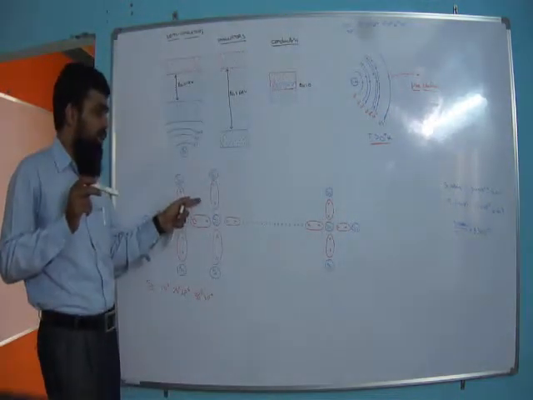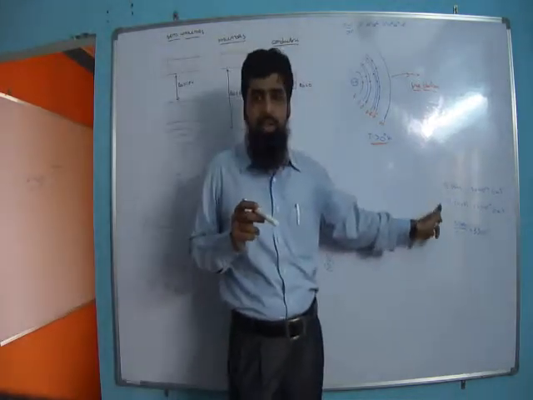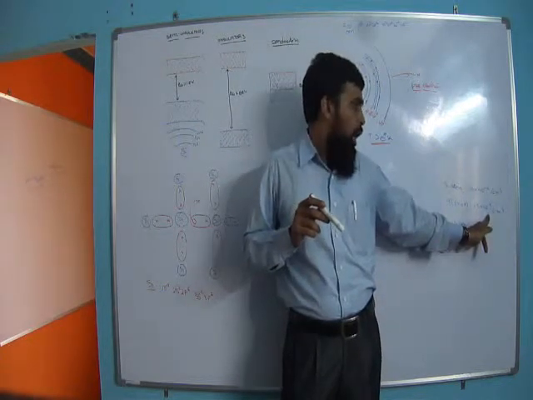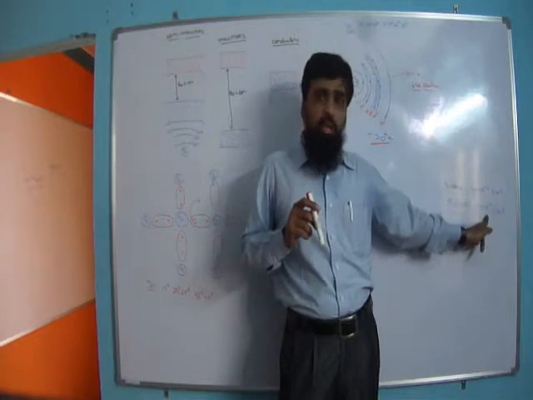As you have one free electron, you have one hole also. So how many atoms? 10 to the power of 22. How many electrons? 10 to the power of 10.